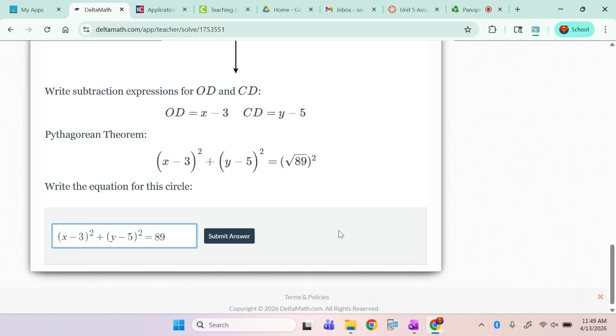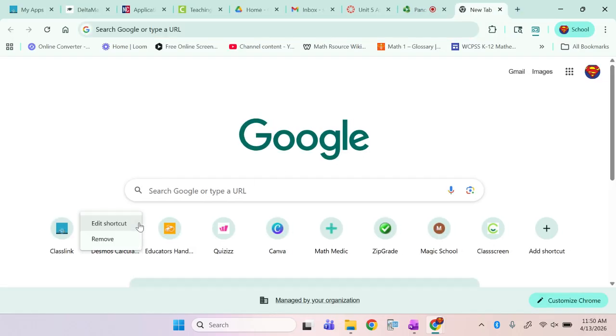So this equation that we just came up with is actually the equation of the circle. So let's say that we graph this in Desmos. You don't need to do this, but I'm going to do it. All right. So I'm going to switch over to Desmos real quick.